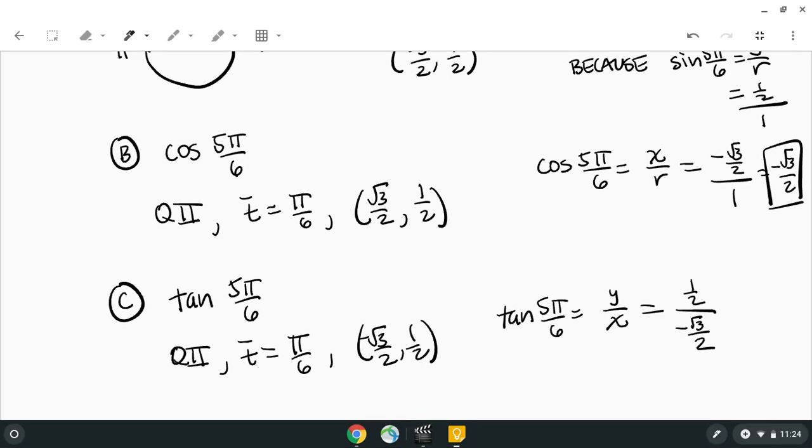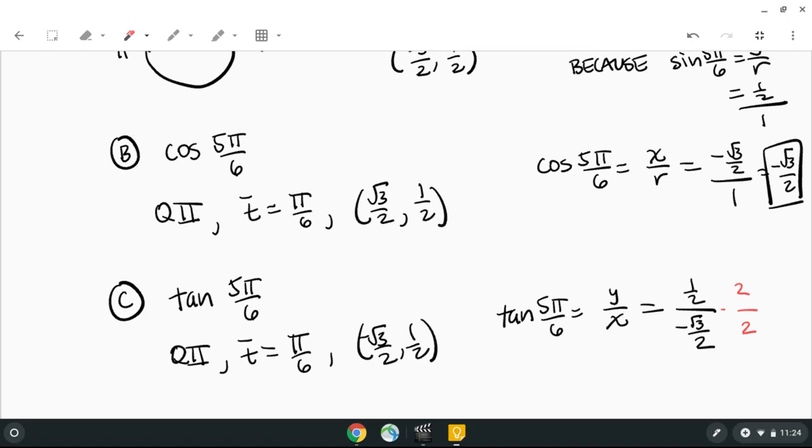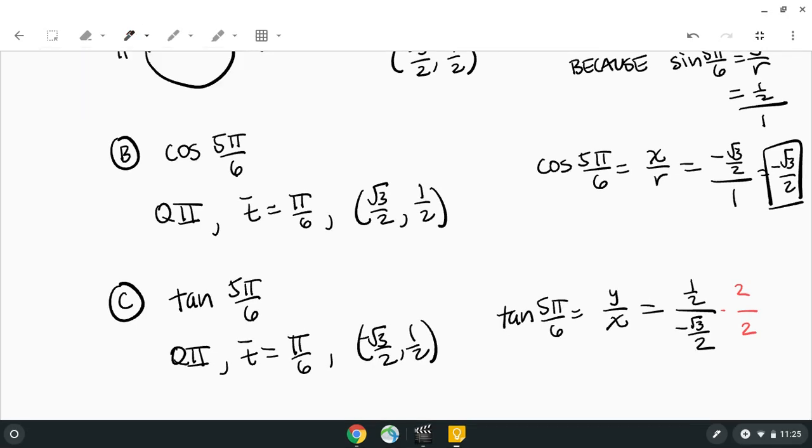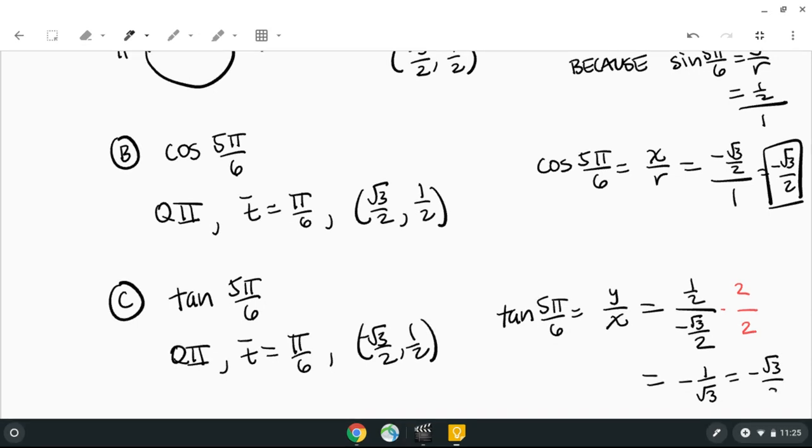Then I'm going to multiply by 2 over 2, and that will cancel out my denominators there, leaving me with negative 1 over square root 3. Again, if WebAssign wants you to rationalize this, then your answer would be negative square root 3 over 3. But either one of those is fine with me.